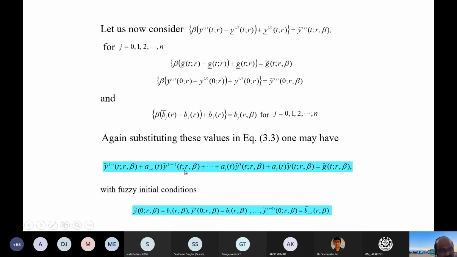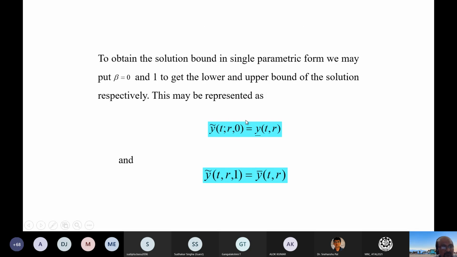This differential equation has been converted into two-parameter form, where you have two parameters, R and beta. Similarly in the initial condition also. So we can solve symbolically, put different values of R and beta, and you will get the fuzzy or interval solution. So you see that Y tilde (t, R, 0), that means beta is 0, is Y lower, and Y tilde (t, R, 1), that means beta is 1, is Y upper (t, R).